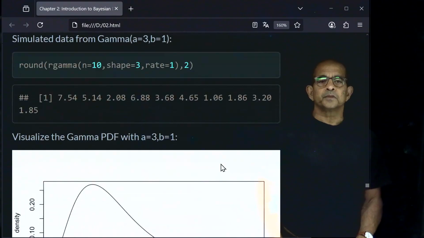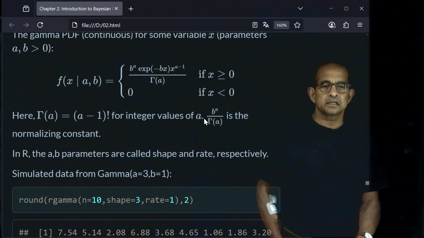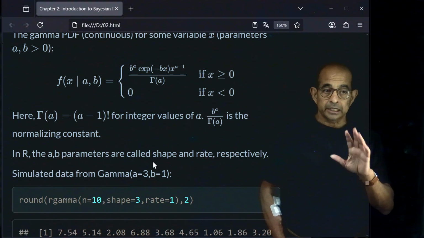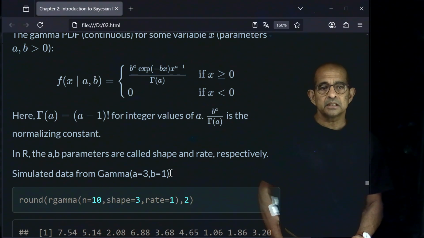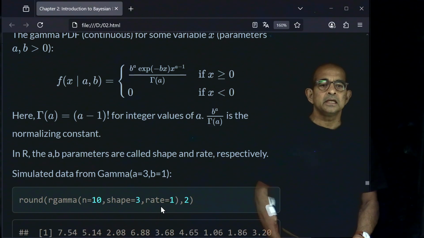Before we do that, I want to show you how you would graphically summarize the gamma distribution. In R, the gamma distribution is represented, and don't ask me why, instead of writing A and B as the parameters, with shape and rate. So in the R function rgamma, which will produce random data from a gamma distribution, I can use shape, that means the A hyperparameter, set to 3, and the B parameter, the rate parameter, set to 1.